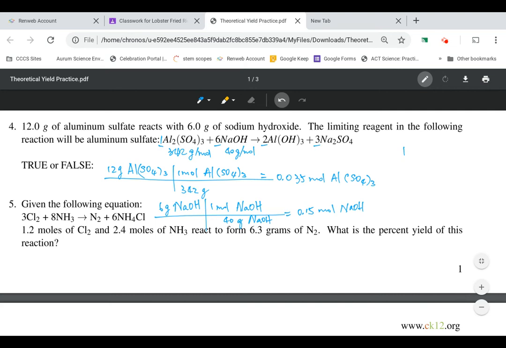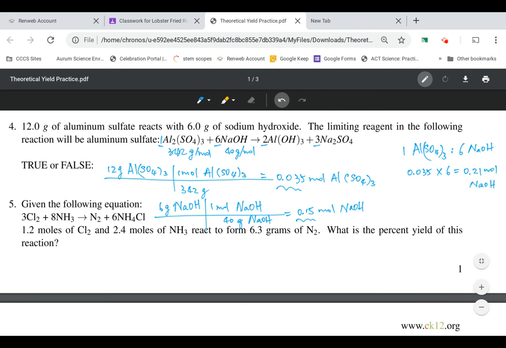1 aluminum sulfate reacts with 6 sodium hydroxide. And if we compare this number to this number, 0.035 times 6 is 0.21 mole of NaOH.